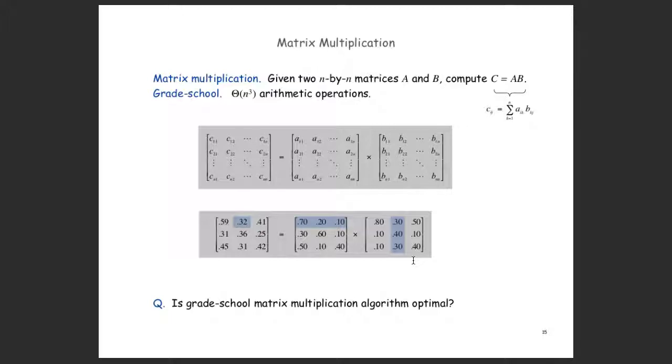I may be confusing. Linda may keep me honest. Am I doing it the other way around? I can never remember whether it's this multiplied by this goes here, or whether it's this multiplied by this. First one is row multiplied by column. Cool.